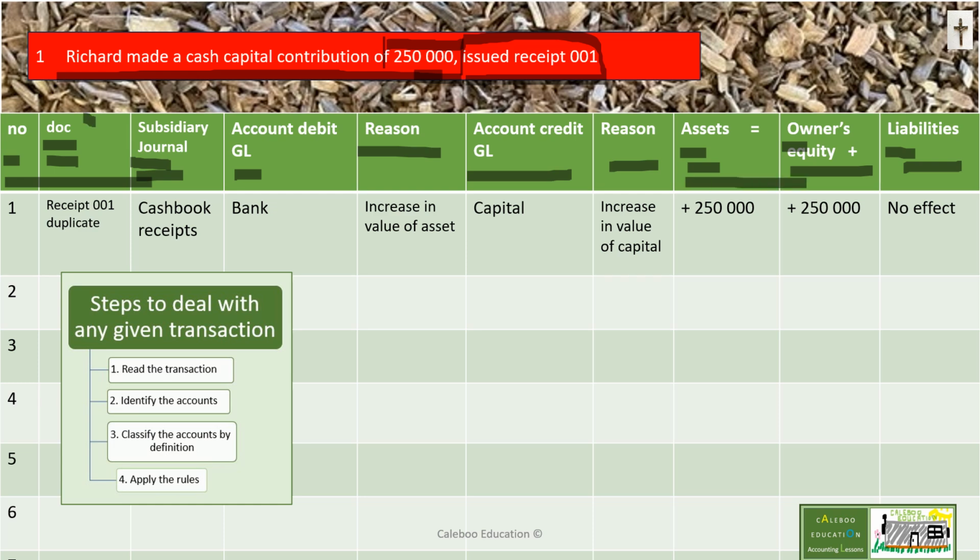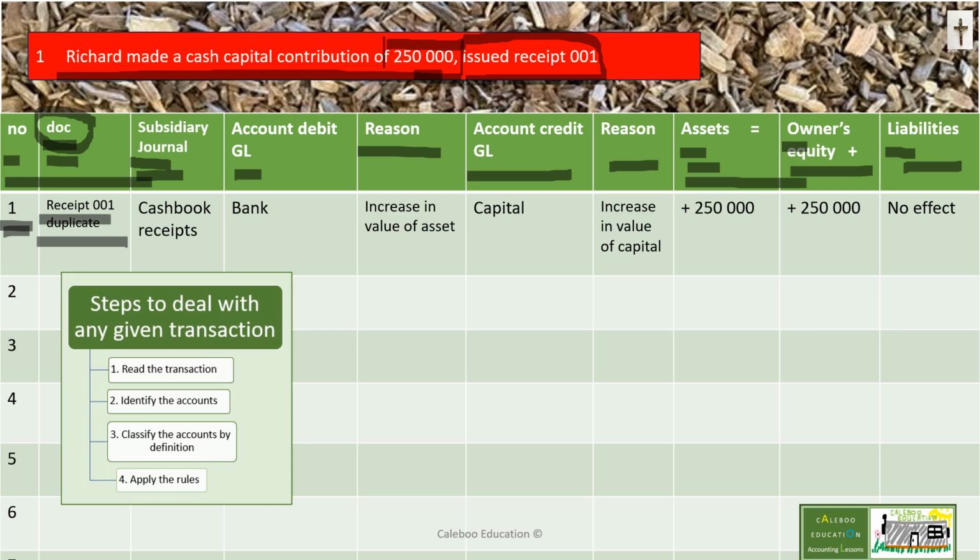So that DOC stands for document. I've just given these transactions numbers. It's transaction number 1. The document to record this capital contribution as it was a cash contribution. So the cash was given to the bookkeeper and the bookkeeper issued a receipt.